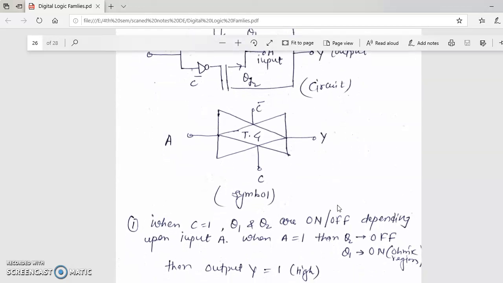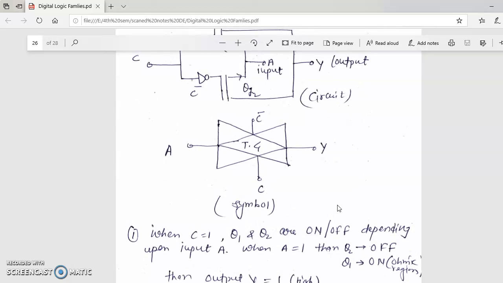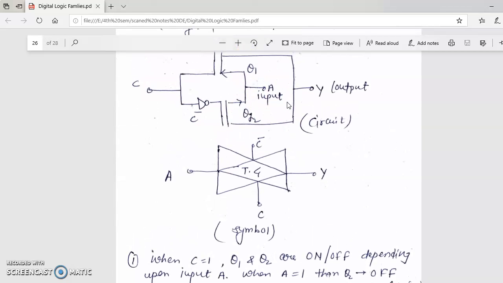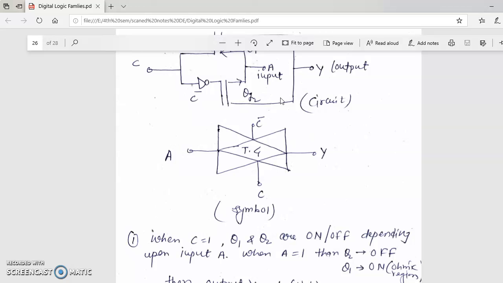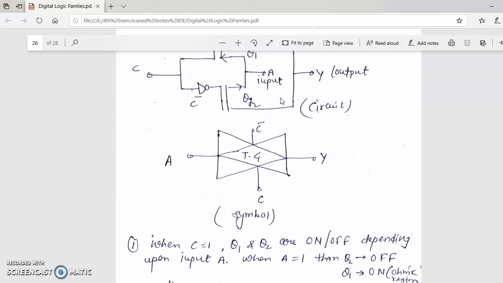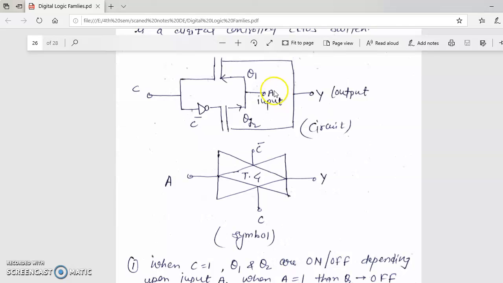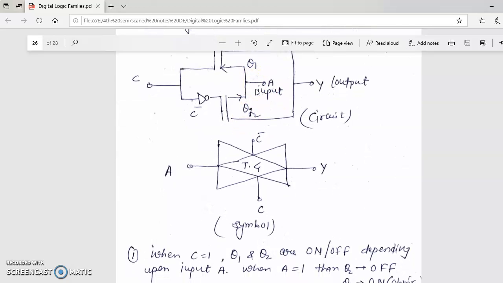When C equal to 1, Q1 and Q2 are on or off depending upon the input A. When C is equal to 1, the transistors Q1 and Q2 may be on or off depending upon the input A. If A equal to 1, it means Q2 is off and Q1 is on.